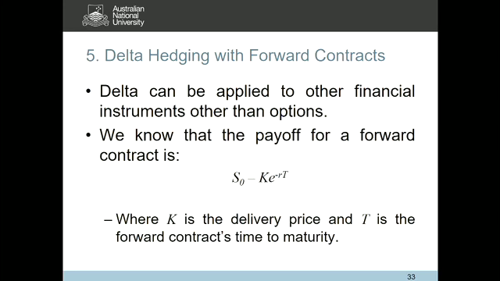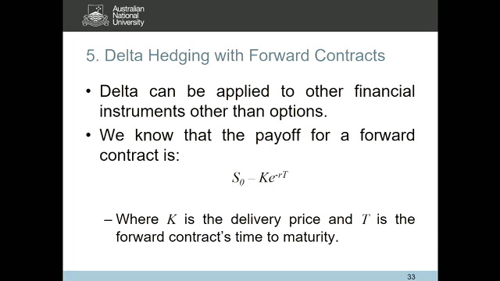So we can hedge options, but maybe we also want to hedge other contracts out there. The other sort of contracts we can hedge are forward contracts. So now I have to think about what's the delta of a forward contract. Well, my payoff at the end is, depending on which way, either the futures price minus the spot price or the spot price minus the futures price.